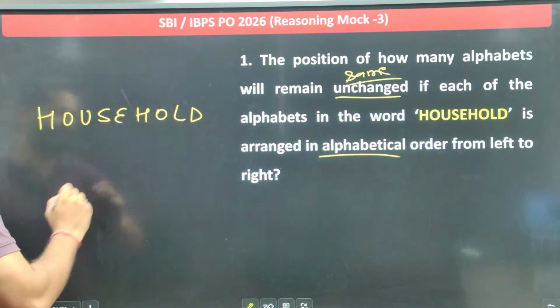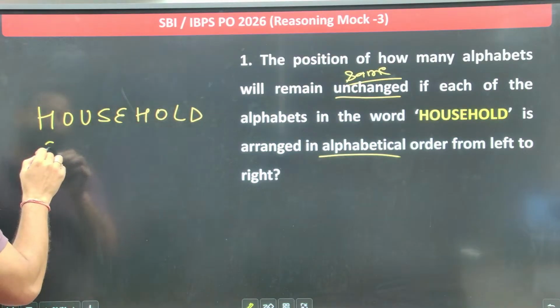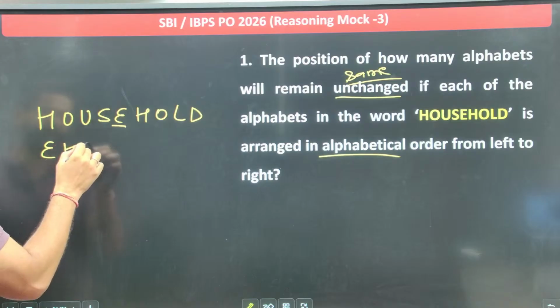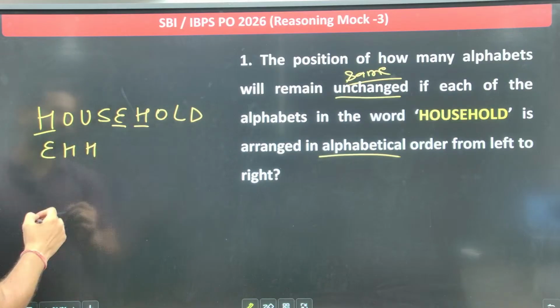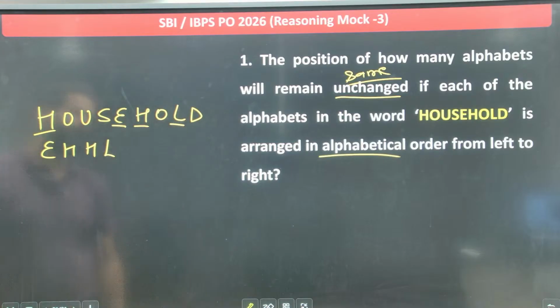If I arrange all the letters in alphabetical order from left to right: A, B, C, and D was also there, wasn't it?